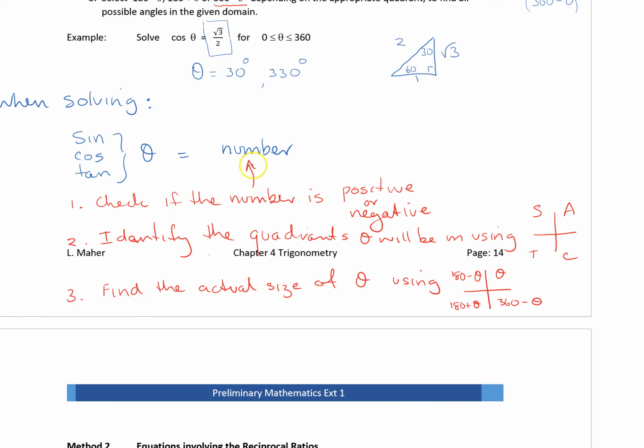Register if this number is positive or negative. That's pretty easy. It'll be positive unless it's got a negative in front of it.